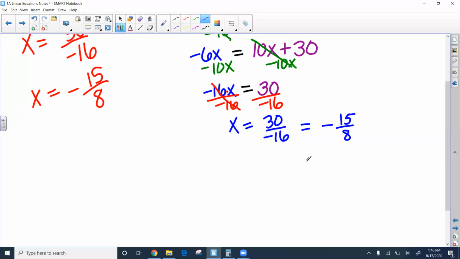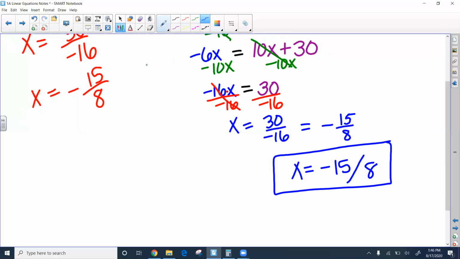So when you're typing it in to the chat, you just have to use the division or the slash like this, -15 over 8. And if you do get a fraction answer, it's best to leave it as a fraction rather than getting a decimal. You totally could get a decimal, which is like -1.875 if anyone did divide.